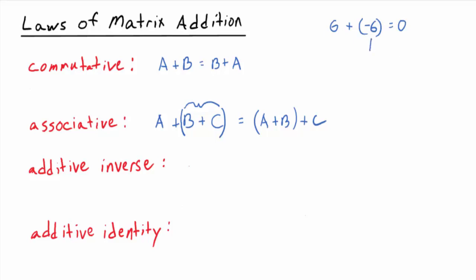So this is the additive inverse, real number-wise, and 0 is the additive identity, real number-wise. In general, if you have a number x, just take the opposite of x to get the additive inverse. Well, it's going to work in a similar way for matrices.